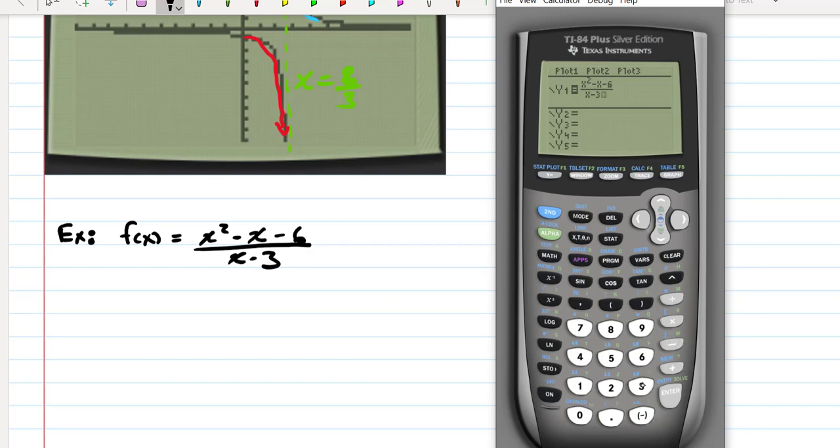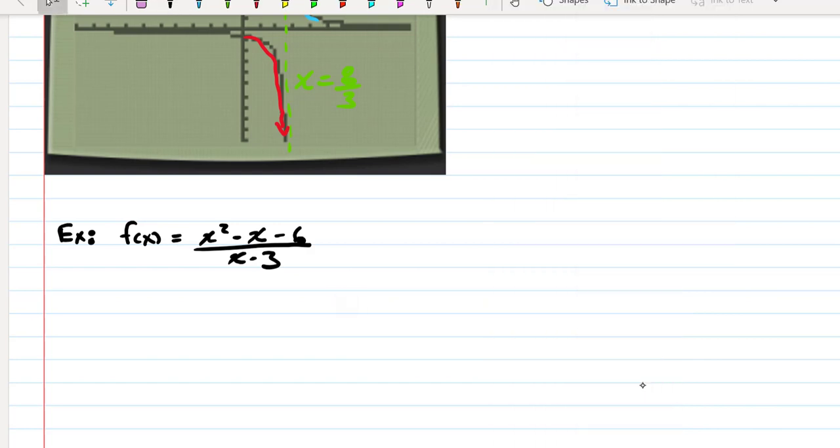So before I graph it, if I looked at this function, here's my q of x. What would my vertical asymptote appear to be? Well, what makes x minus 3 equal to 0? 3, right? So our domain is all values such that x can't be 3.